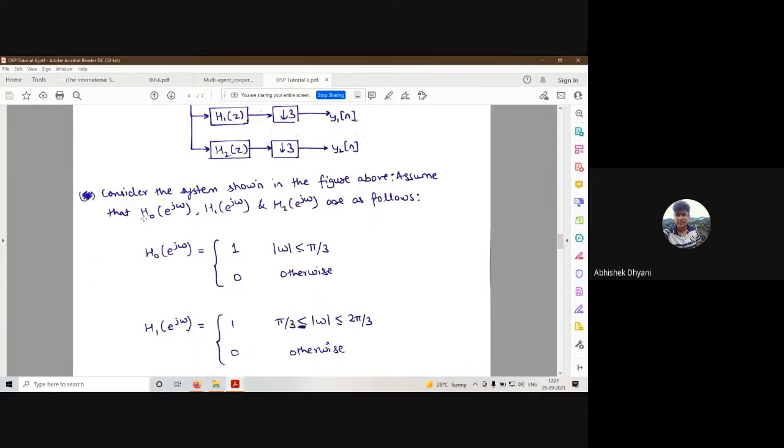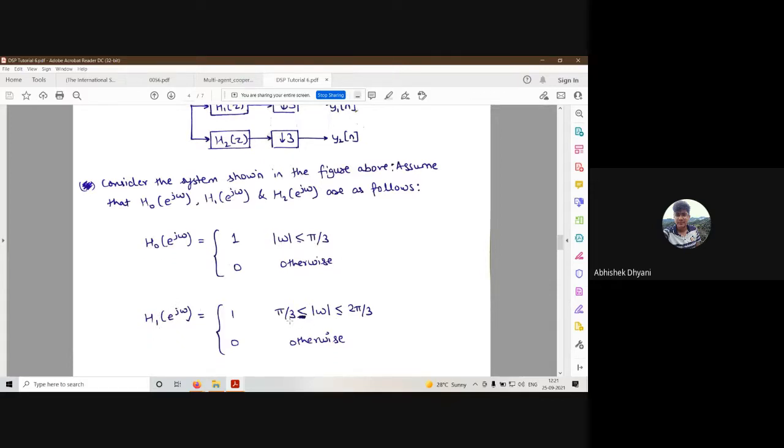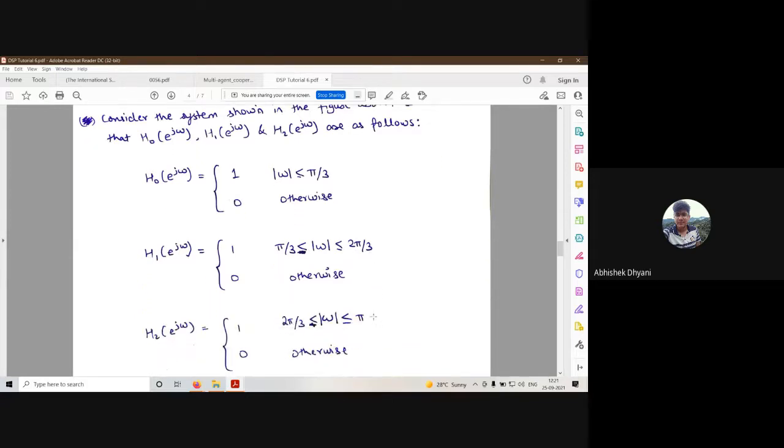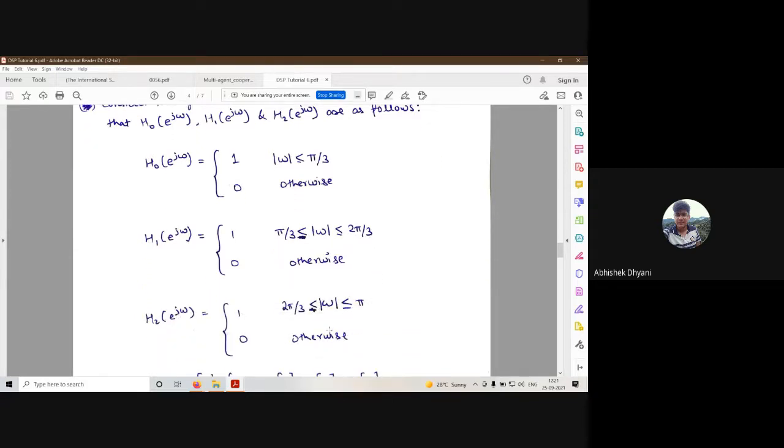So H0 is this filter whose value is 1 for mod omega less than pi by 3. Similarly, we have H1 e raised to the power j omega, which has a bandwidth of pi by 3 again, from pi by 3 to 2 pi by 3. And similarly, we have H2 e raised to the power j omega, which varies from 2 pi by 3 to pi.